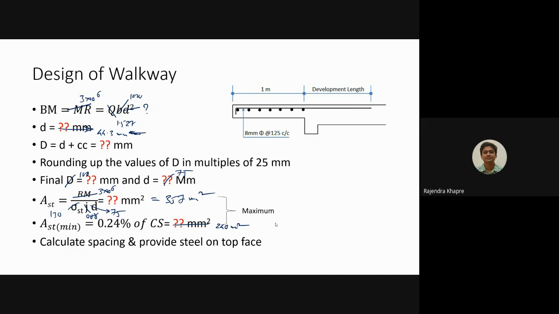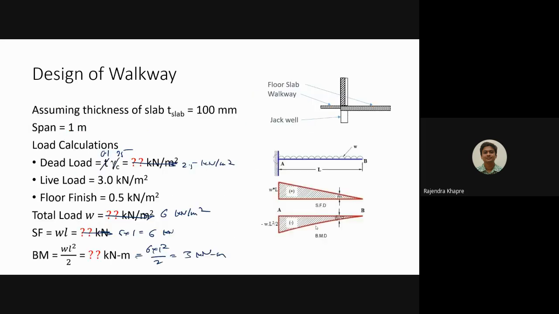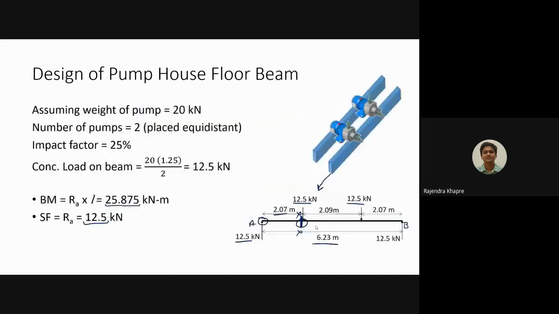Okay, fine. Now we have to provide this steel at the top, because it's a cantilever beam. So what we can do is we can provide this as main and this as secondary steel. But now before going for the actual bar calculations, we just have to go back to the design of slab.